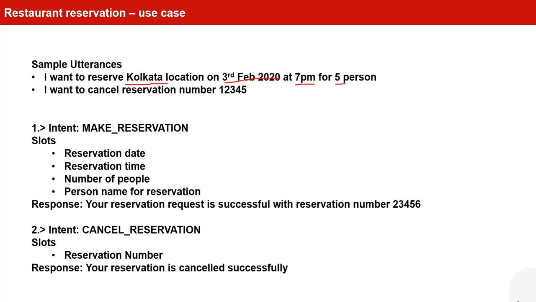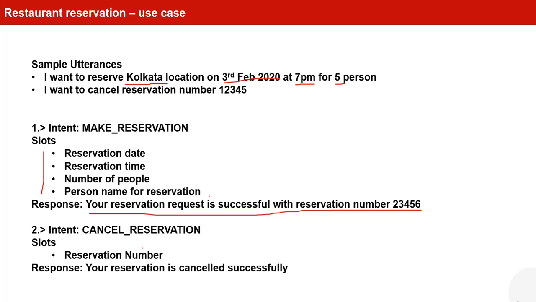These are the kinds of things we need for slots. Finally, once it's done, Alexa will respond that your reservation request is successful with reservation number 23456, or whatever numeric value it is. Now the second intent is cancel reservation, and for cancelling we need only the reservation number, which is the slot value, and the response will be that your reservation is cancelled successfully.